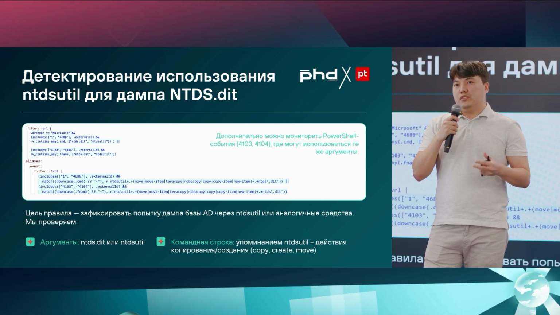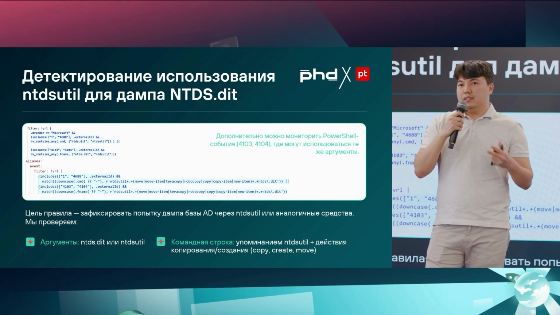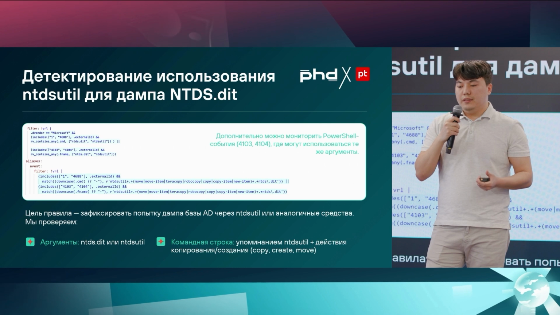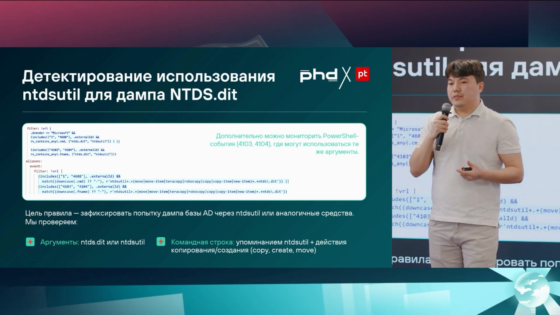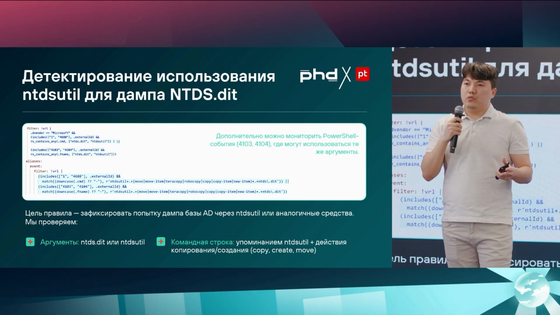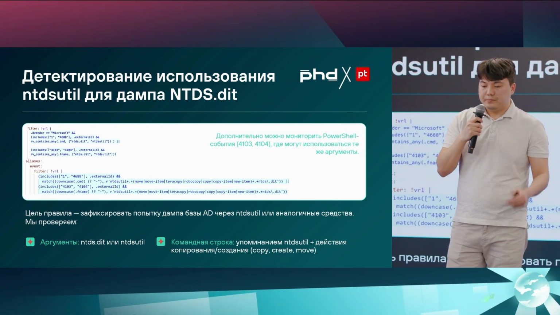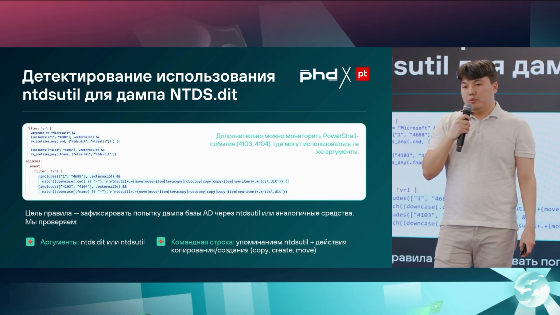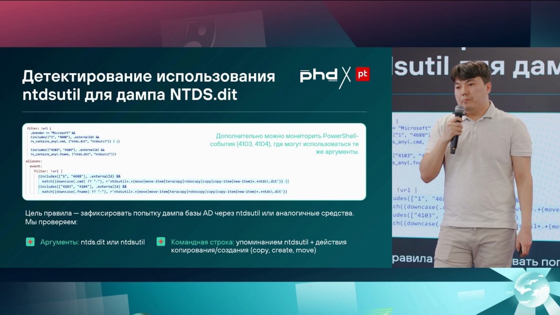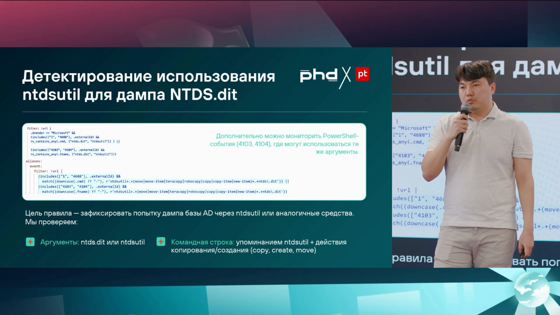So we detect the use of this, then the file ntds.dit, and you can narrow down the filter, and you may detect file creation, so move, copy and create processes. This can also run in PowerShell.